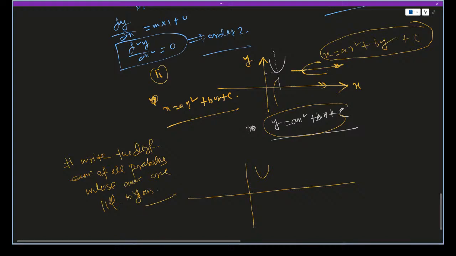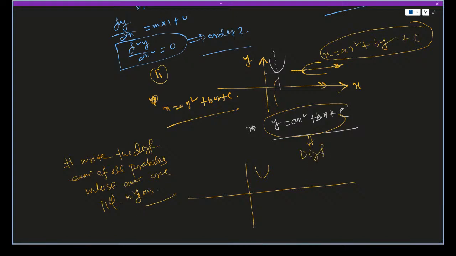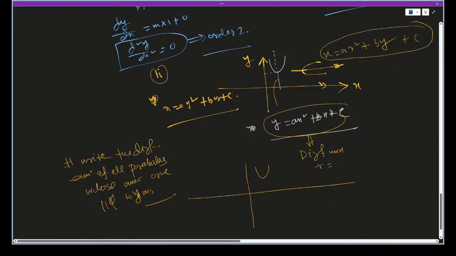How to get the differential equation from here? Just differentiate. You get dy by dx equal to 2ax plus b.